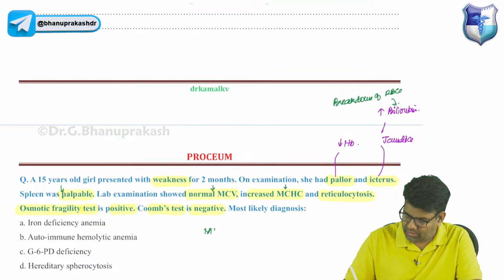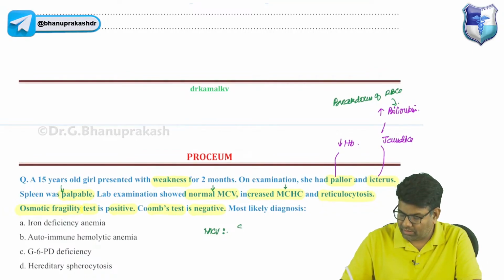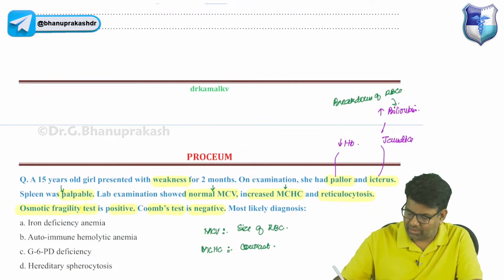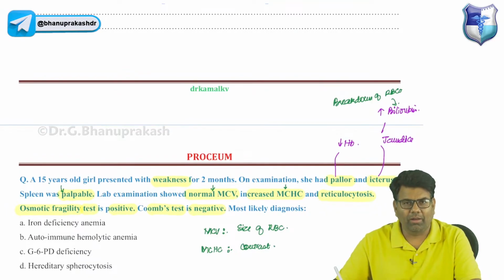Now MCV suggests the size of the RBC, and MCHC is the color. So normal MCV means the size of the RBC is normal, neither small nor large.